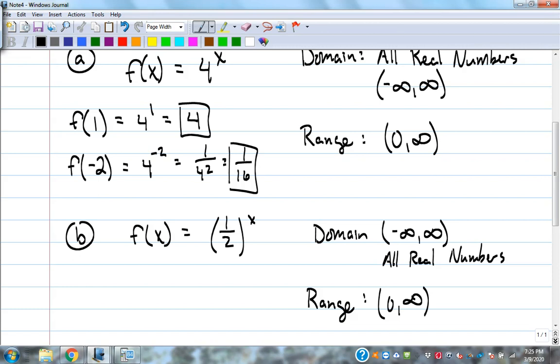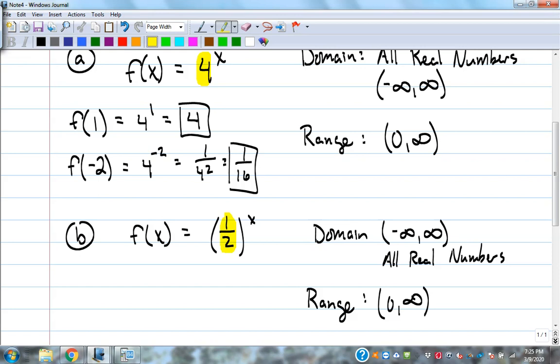The difference is that as it reads left to right, it's getting smaller and smaller. Growth, it's getting bigger and bigger, it's going up. Decay, it's getting smaller and smaller, it's going down. Okay, so that's the difference. And the key difference in those two problems is the base. 4 is a whole number base, so it's going to be growth. A small fraction base is going to be decay. That's the difference in the two.